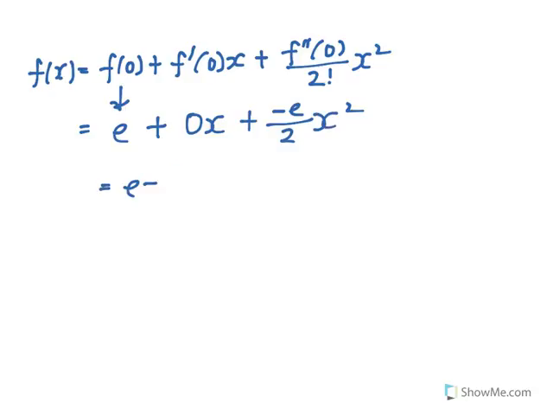Just simplify your answer, and these are the first two non-zero terms of the Maclaurin expansion for e to the power of cosine x.